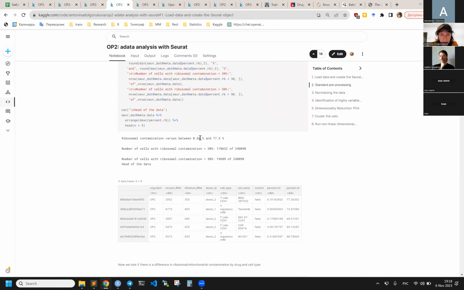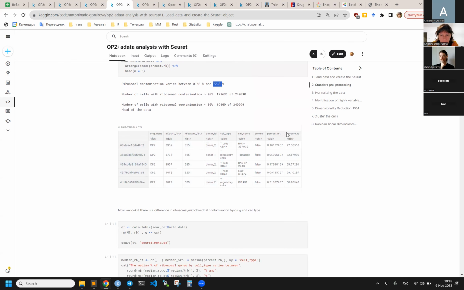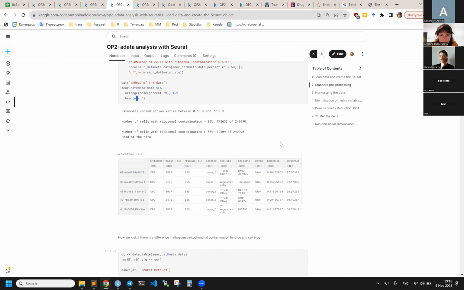The percentage is highly variable, from less than 1% to 77% of all genes being ribosomal in some cells. Similar to before, we add to our metadata table the percent of ribosomal genes, calculated the same way using counts and the overall number of features, sorry, number of genes. And here I just sorted and show the top 5 with the largest percent of ribosomal genes.